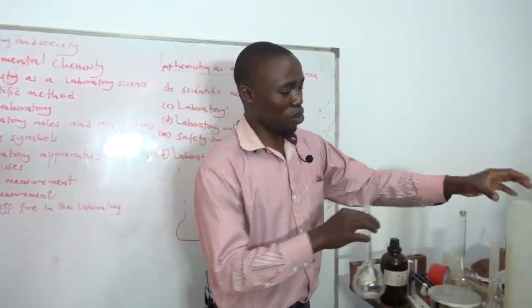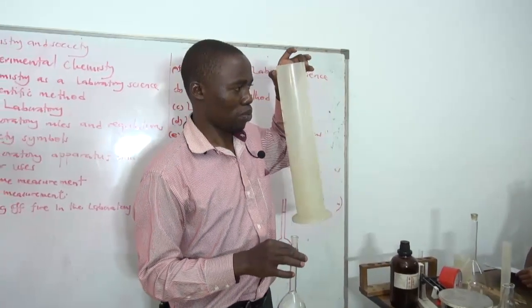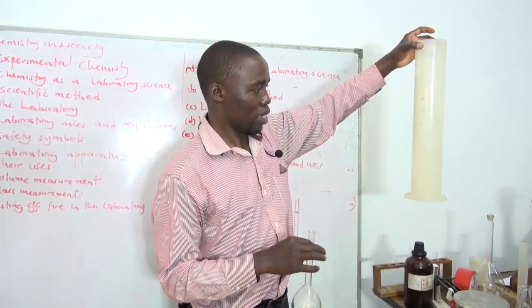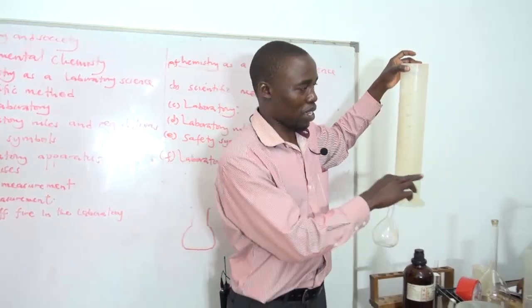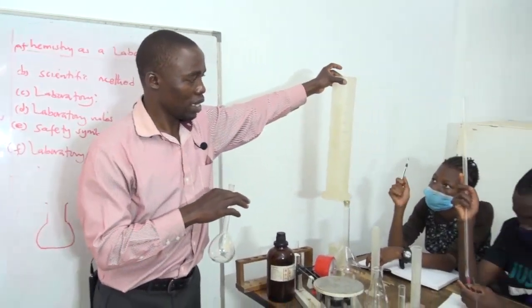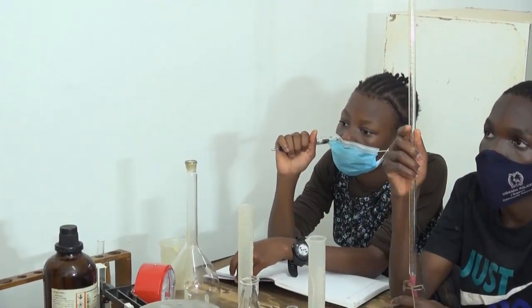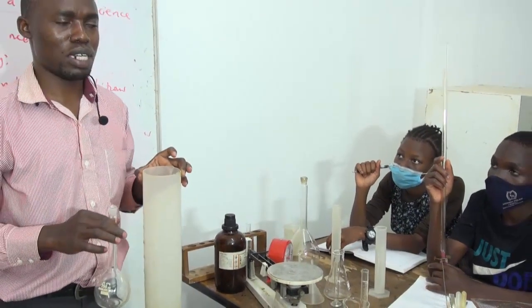What is the use of this one? Measuring cylinder does what? Measures accurate volume of water. Let us hear from her. Measures accurate volume of a liquid. Let me fast forward that answer.